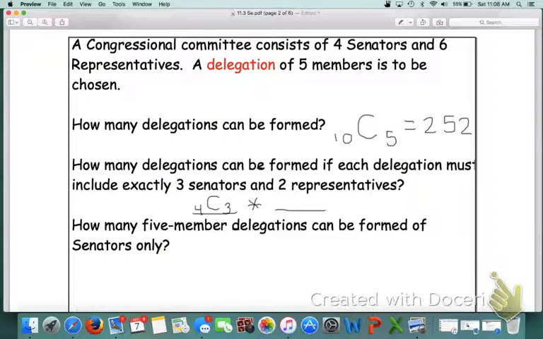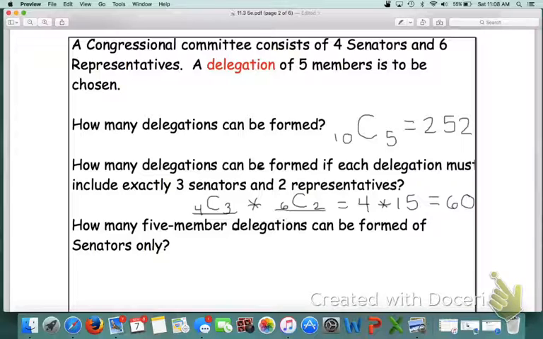And with my representatives, there are 6 representatives I can choose from, but I'm only going to pick 2 of them. So I'm going to have 4C3 times 6C2. And when you do that in your calculator, you're going to find out that the first one is equal to 4, the second one is equal to 15, and 4 times 15 gives us 60.